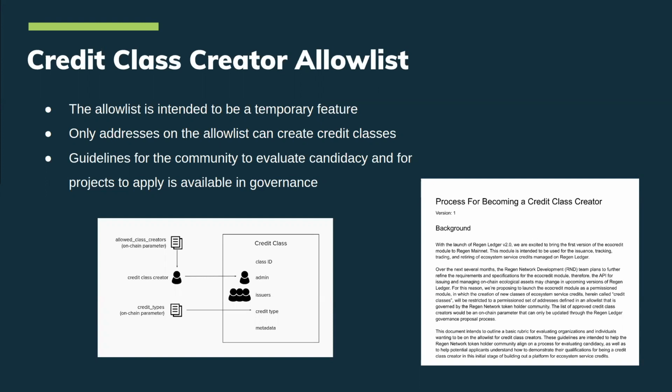We want people that are going to demonstrate their desire and capacity to work with the Regen Ledger team and maintainers, community, when and if the credit class data changes and we need to do some migrations. And then also we want people to socialize their candidacy in the forum and gather initial support before submitting a proposal. And there's more details about that, as I mentioned, in the governance repo in this document called Process for Becoming a Credit Class Creator.